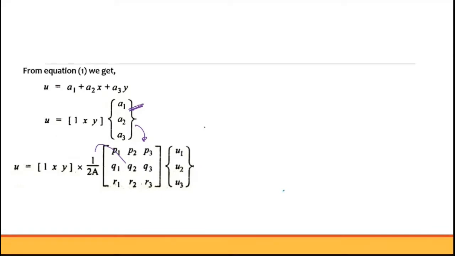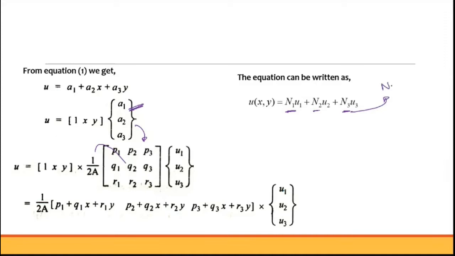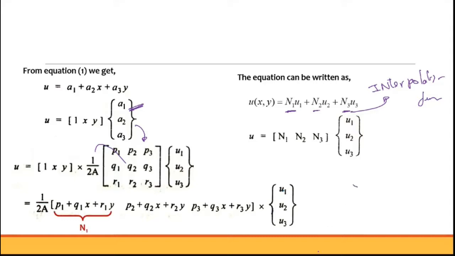When multiplying these, you get an equation related to N1 u1, N2 u2, and N3 u3. What are these N1, N2, N3? We call them interpolation functions, similar to what we discussed earlier. So I can identify this term as N1, this term as N2, this term as N3.